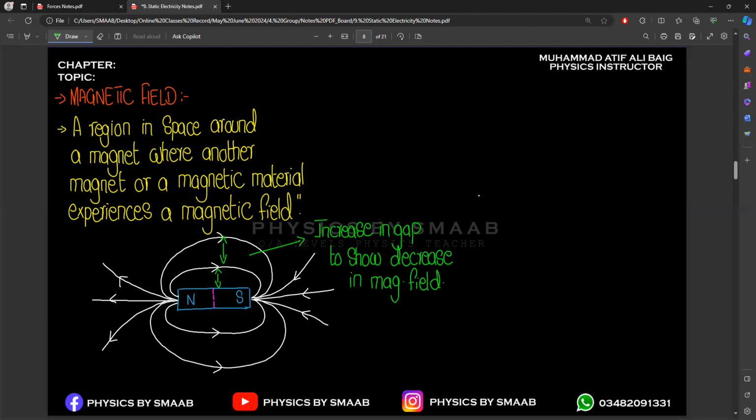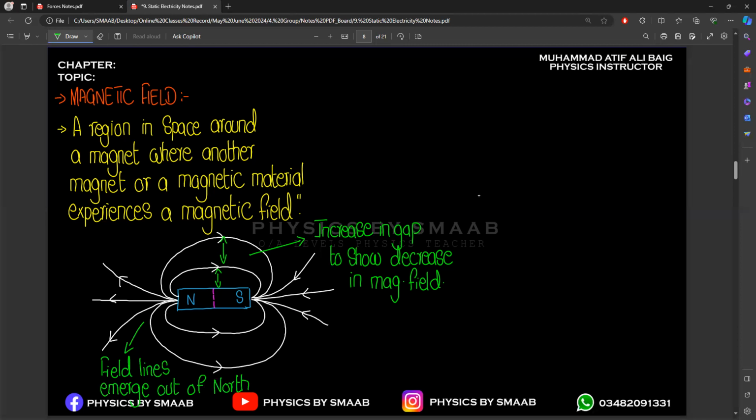And secondly, if we consider this side from the north, field lines are coming out of the north. So field lines emerge out of north. That's why you observe that the direction of the arrows is outward.